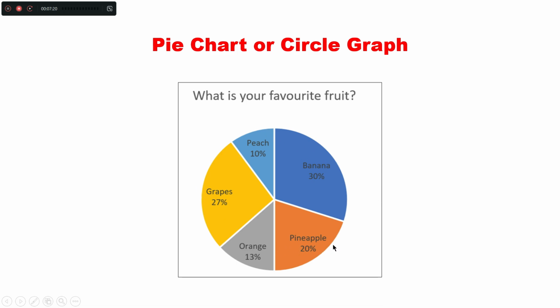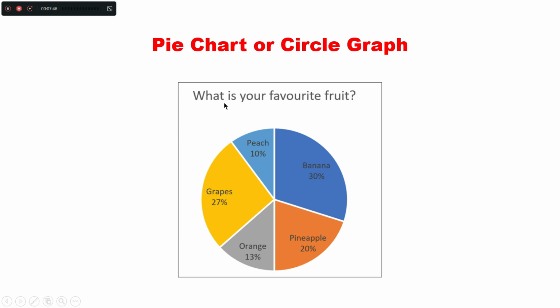When you draw a circle graph, you need to draw a 360-degree angle, that is a circle, and this circle is divided into different pies or different slices, and each slice or pie represents a particular variable, and the larger size explains that the proportion is higher.